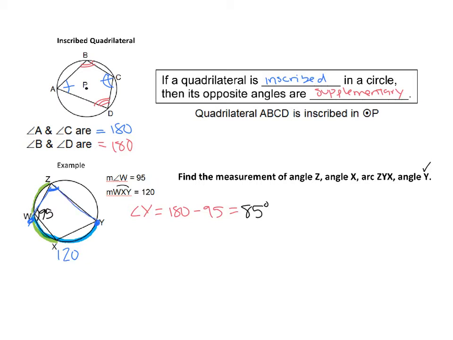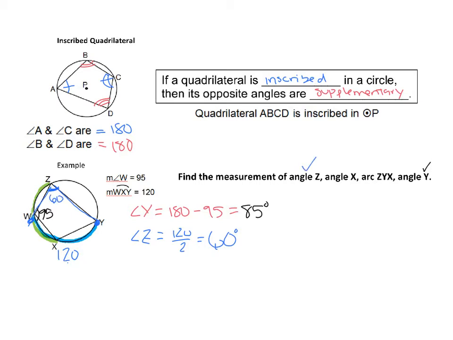So that's my inscribed angle to that arc, WXY. We know inscribed angles are half of the measure of their arc. So all we have to do is take half of 120, which leads us to 60 degrees. So angle Z is 60 degrees.